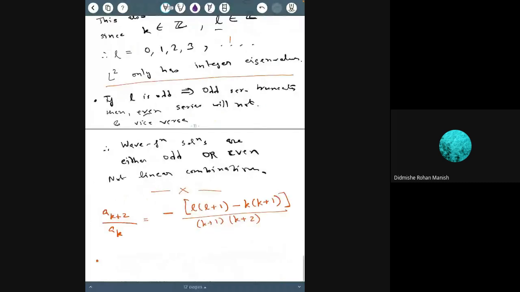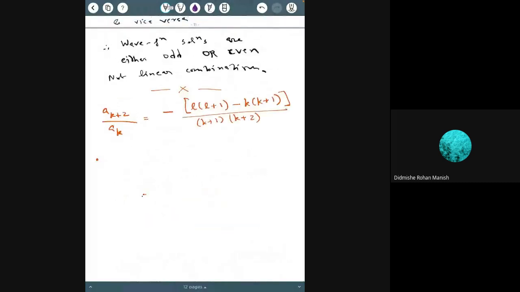So y for L equal to 2 is equal to 1 minus 3x squared, according to the Legendre solutions. a0 is equal to 1.